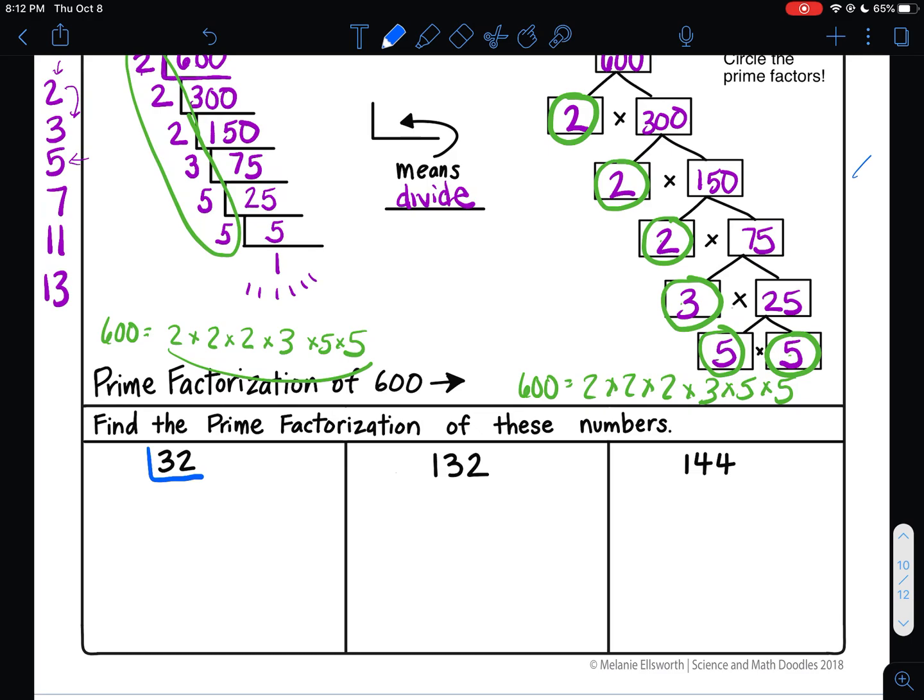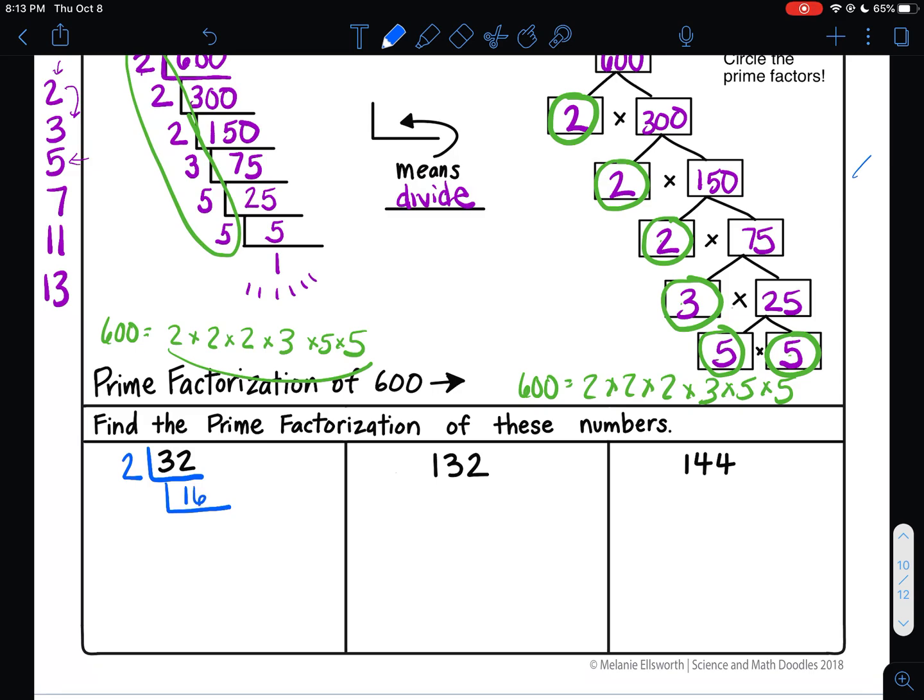So I always want to divide by the smallest prime number I can possibly divide by. So my smallest prime number is 2. So 32 is actually divisible by 2. So we're going to put a 2 on the outside of that layer of cake. And then we're going to divide 32 by 2, which is 16. So 16 goes in our next layer.